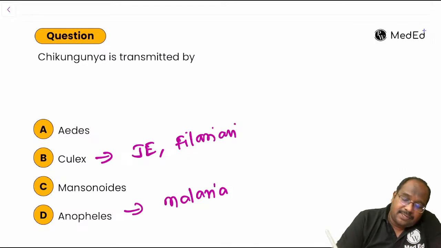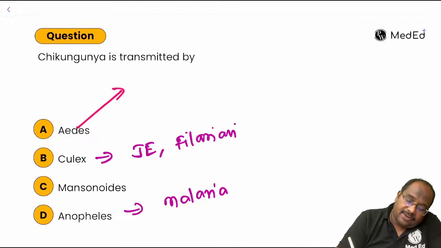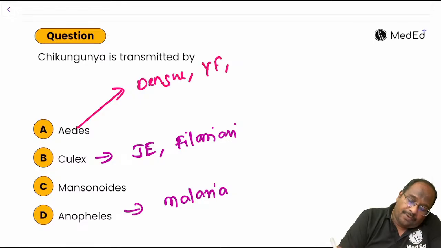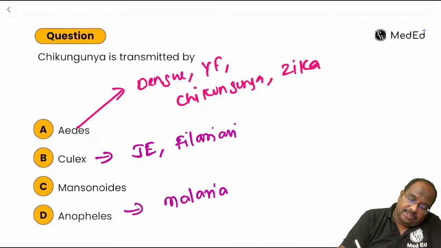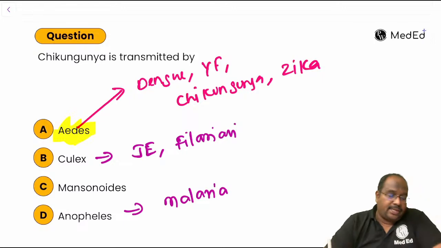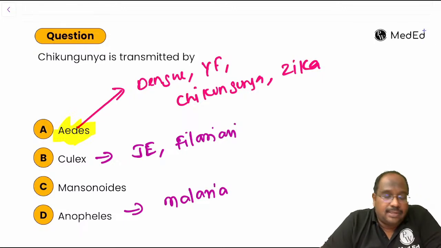Aedes can transmit dengue, yellow fever, chikungunya, and Zika virus. Answer is Aedes: dengue, yellow fever, chikungunya, and Zika virus.